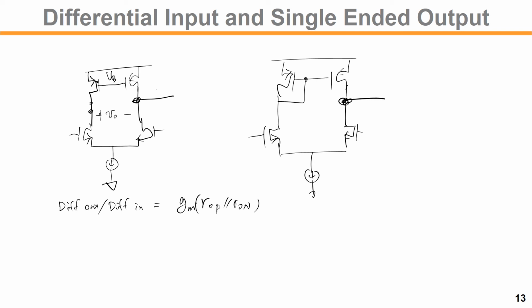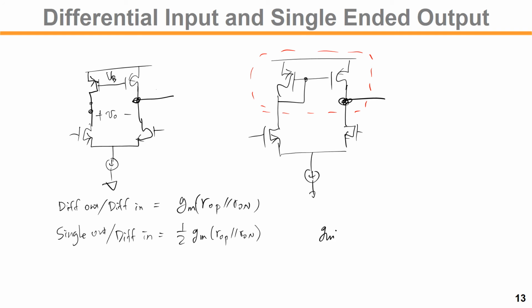But if you look at the single output over differential input, that's going to be only half the gain of that, right? But by having this kind of a mirror connection, even with the single-ended output, you get the gain. Differential to single output gain is gm times ro,p times ro,n.